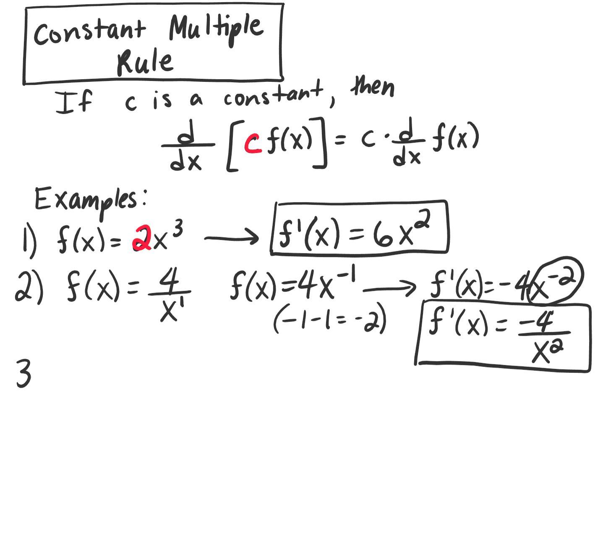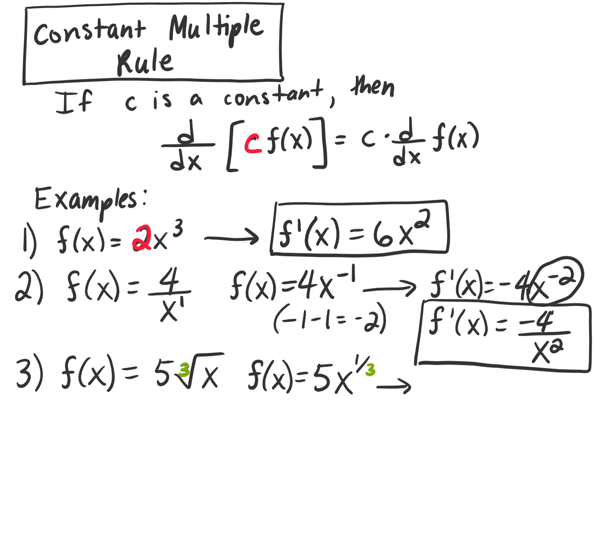And then we'll do one example with a radical before we move on to our next rule. This one will be 5 cube root of x. So we did one with a square root. When we rewrite cube root, remember the 3 in here, the index, is going to become the denominator of your fraction exponent. So this will be x to the 1 over 3. And then when we take the derivative of that, we're going to do 1/3 times 5.